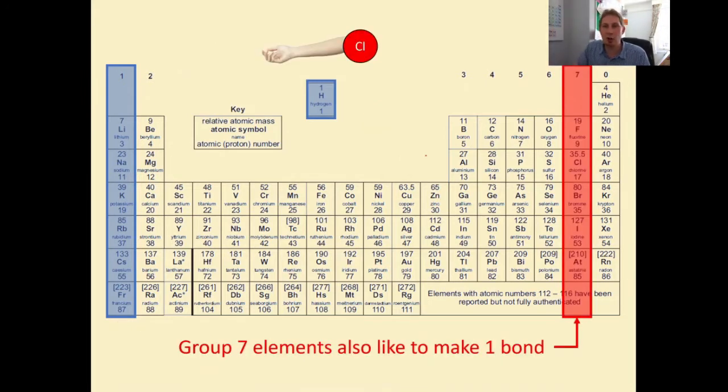Here we've got chloride. And all these elements like to also form one bond. Why? Well, we know that these elements have got one gap in their outer shell. So they want to accept one electron, and they all form negative ions like Cl-, Br-, I-, F-.